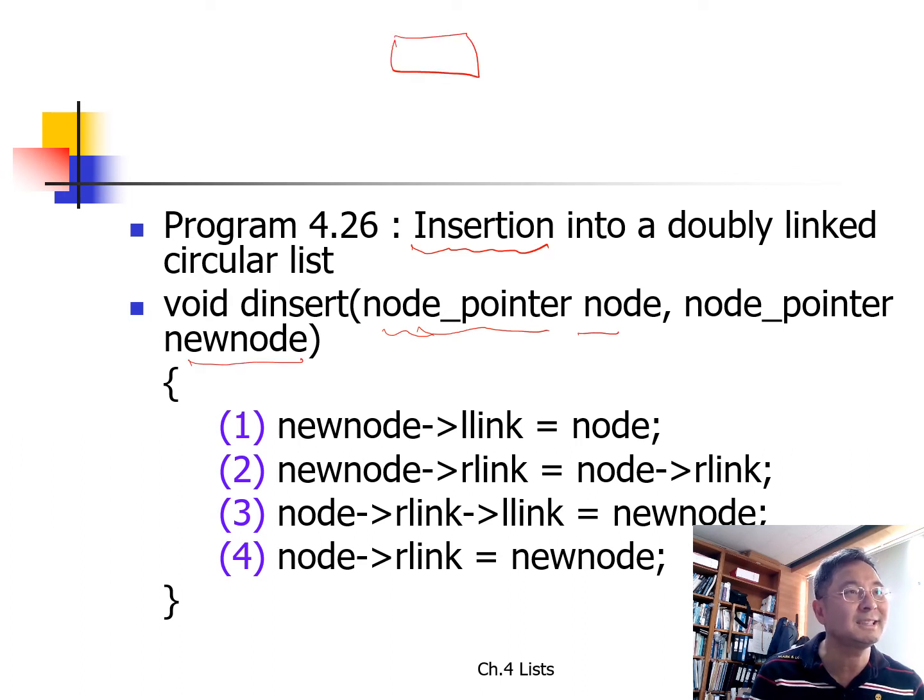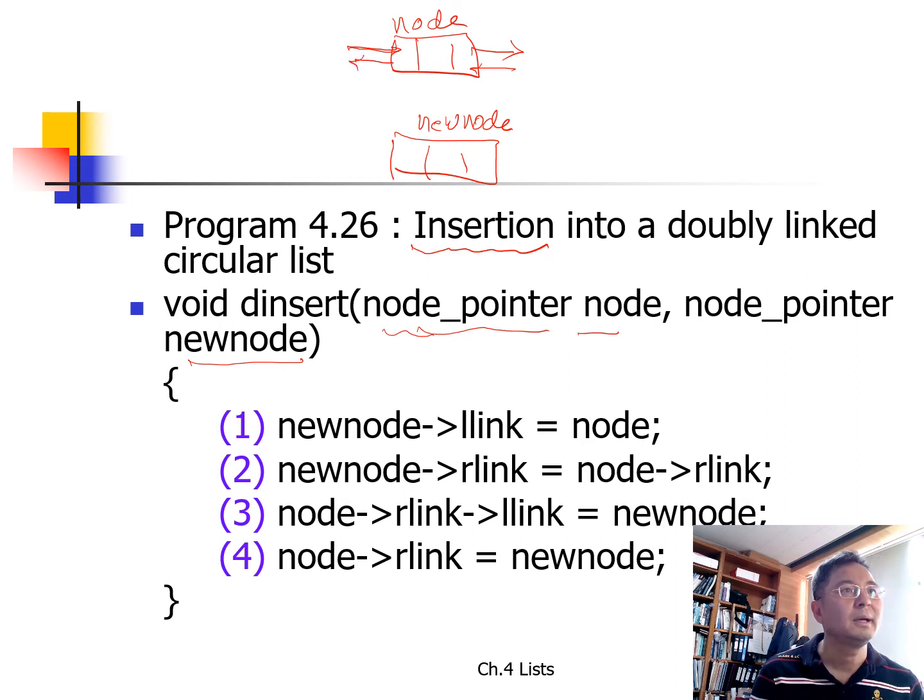This is an existing node, with address node, and I want to insert a new node here. So how can we adjust the link fields in this insertion? After this node, I want to insert a new node here.